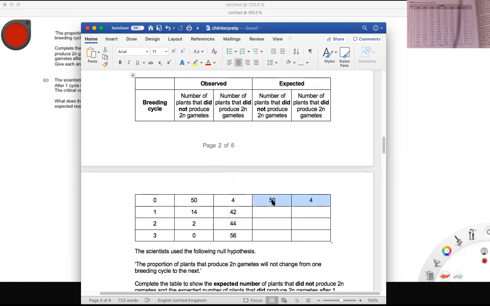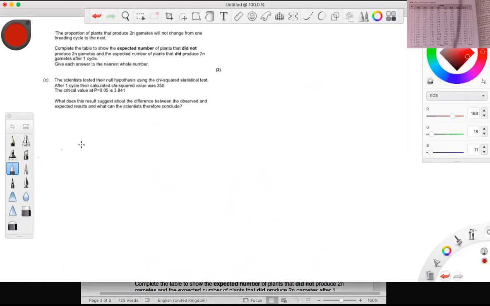Okay, so we've got 50 that did not produce 4N gametes and 4 did produce 4N gametes. Okay, so they did not and they did.